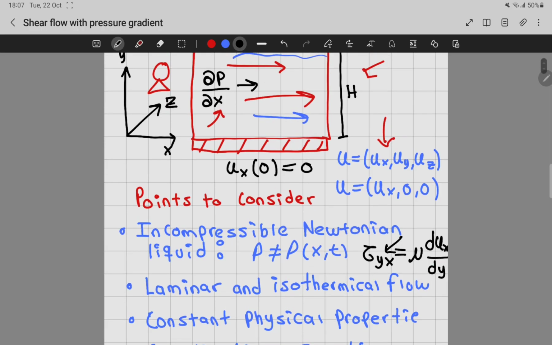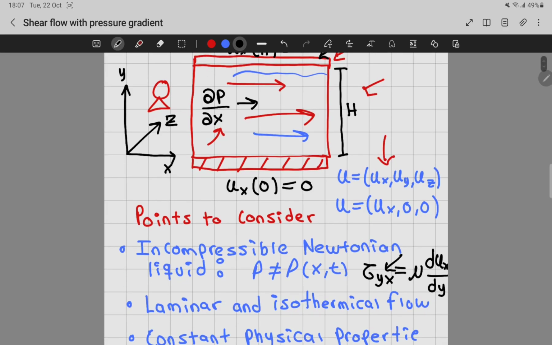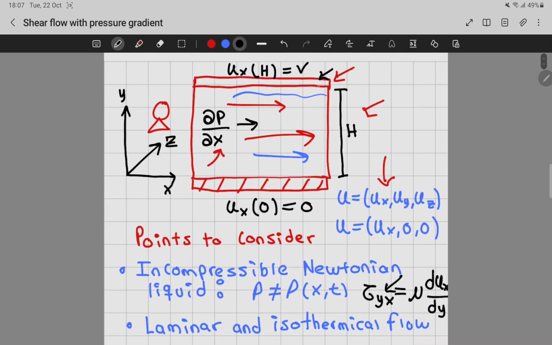This force is going to be applied over this surface, which will induce a flux of momentum that will be transferred from higher concentrations, because the momentum is going to be higher here at the top plate. So this momentum is going to be transferred from top to bottom.